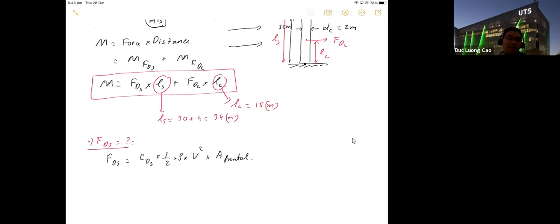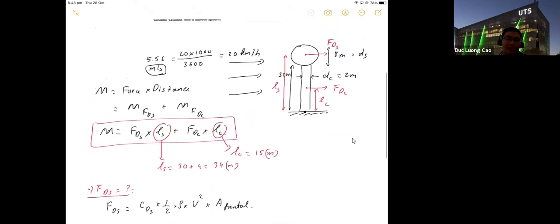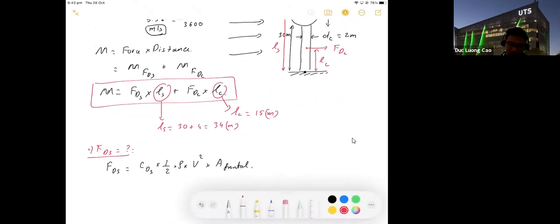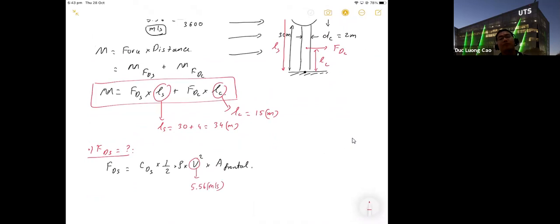Velocity we have, 5.56 meters per second. How about the frontal area?